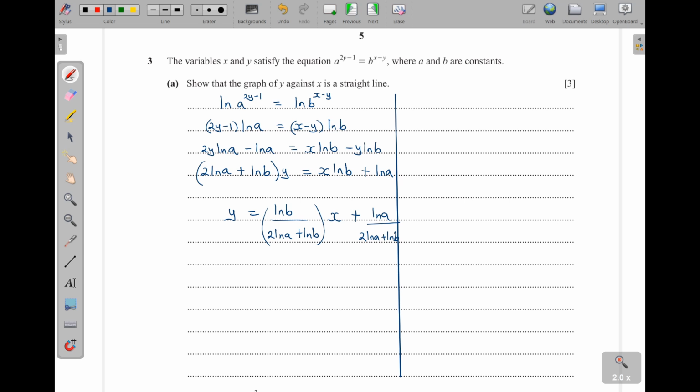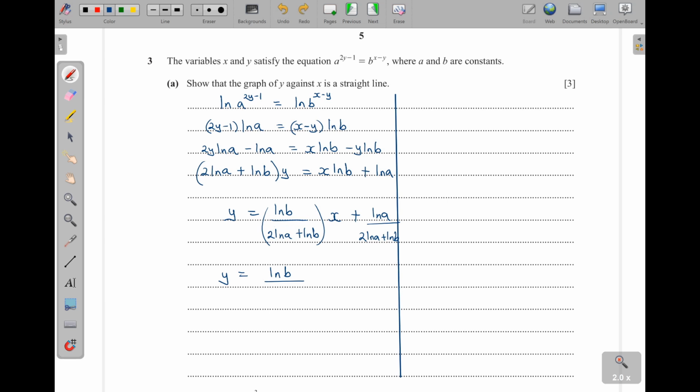In fact, I can simplify it using the rules of indices and logarithms. This is natural log of b. Then here I'll have this coming up, so it will be natural log of a squared. Then because this is addition, they are going to multiply.